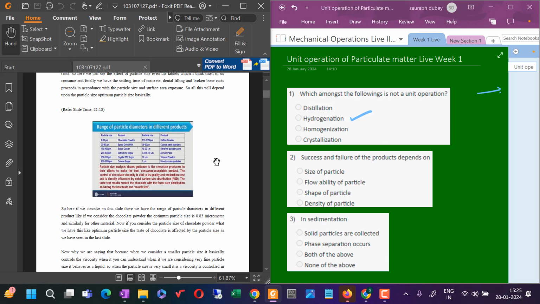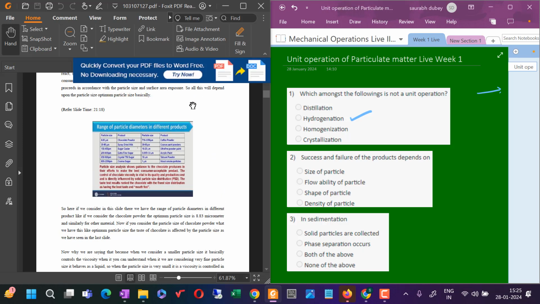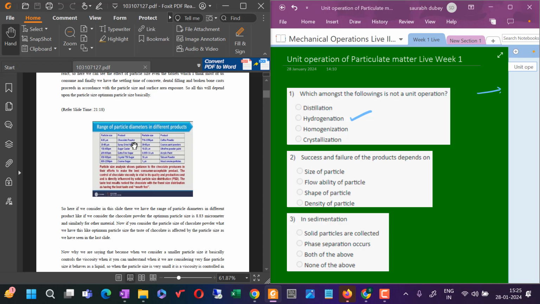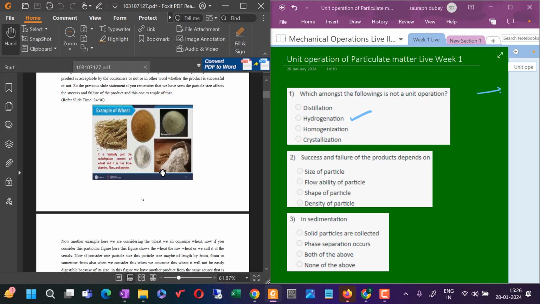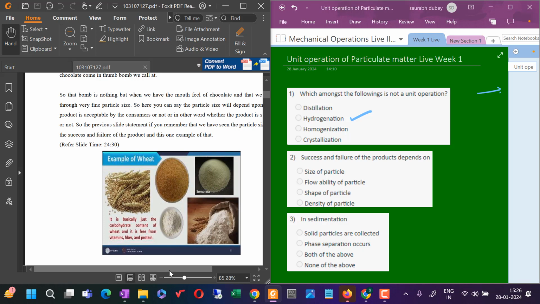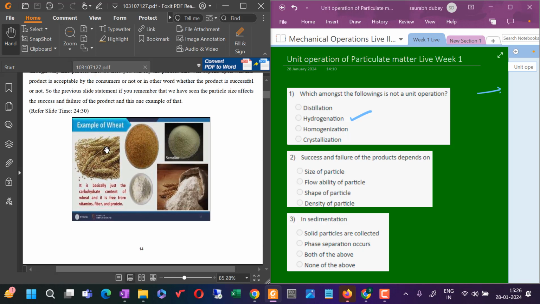And I will be showing you the range of the particle diameter in different products. You see, in the chocolate powder, the size was this, so only then the chocolate will be of that level. In the dried milk also, in the castor sugar also. And see how important the size is in the case of wheat. From the wheat different things can be made.